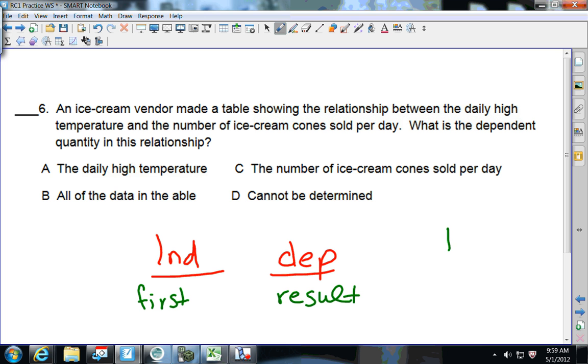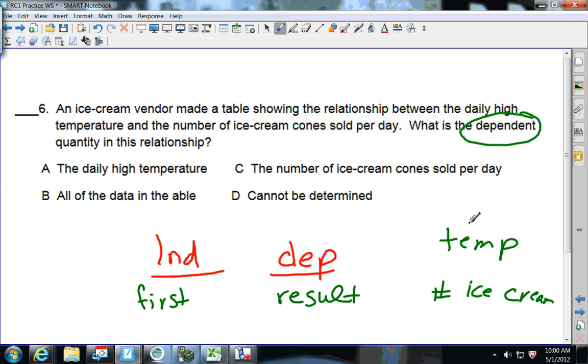When you're talking about temperature and the number of ice cream, what normally happens, you want the dependent quantity. You want the result. So which thing is going to happen first? Like you buy a bunch of ice cream and then the temperature goes up?